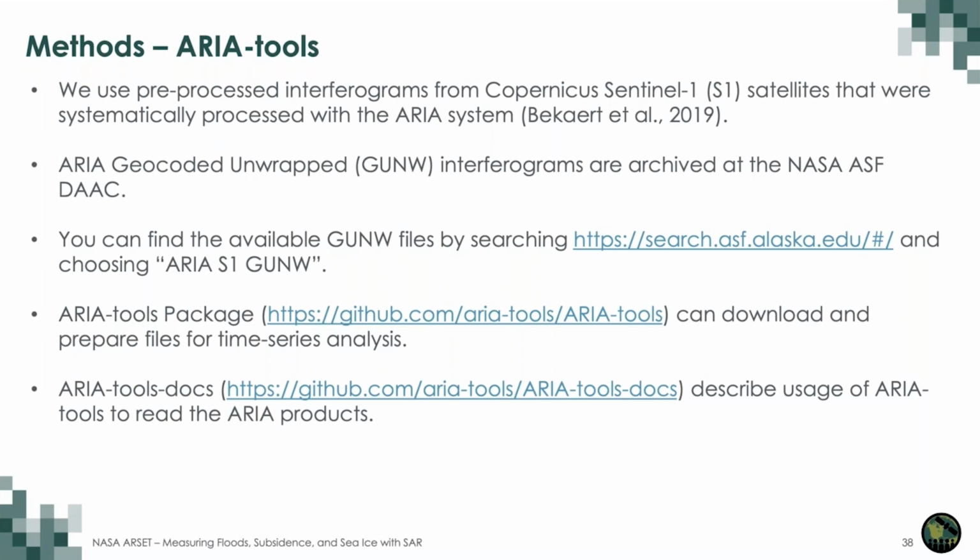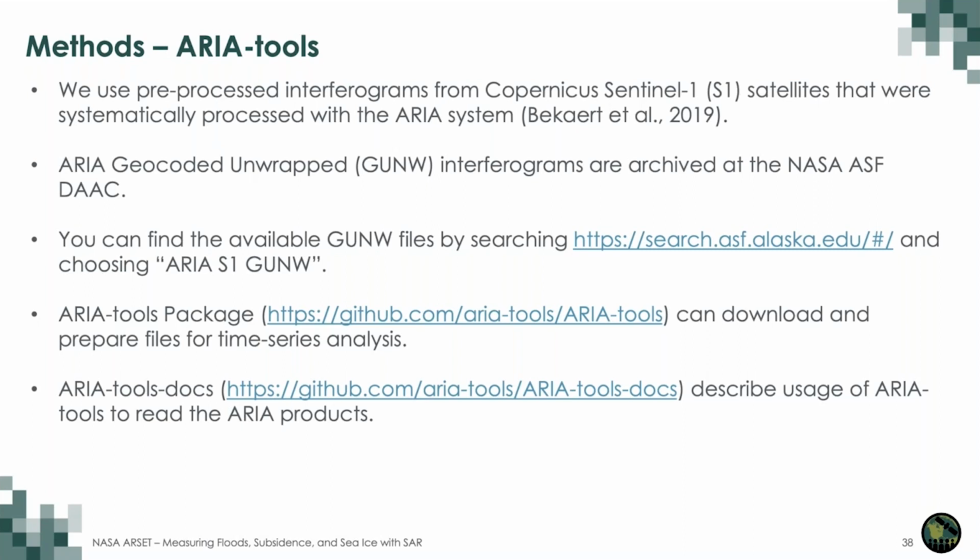NASA wanted to systematically process some of the Sentinel-1 data over a number of places around the world, so that people could start getting used to using these systematically processed geocoded unwrapped interferograms.